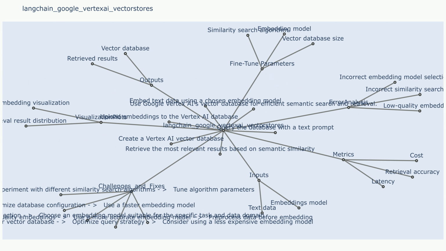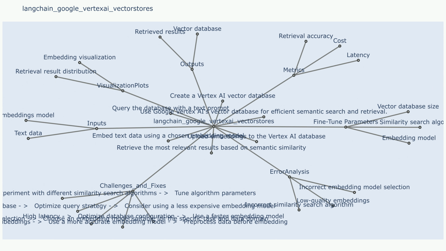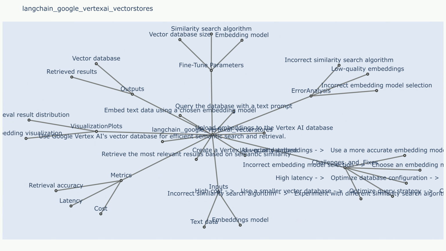This can be a list of strings, a text file, or any other data format that can be processed by the chosen embedding model. Vertex AI endpoint. A Vertex AI endpoint where the embedding model is deployed. This provides the necessary infrastructure to process the input data and generate embeddings.